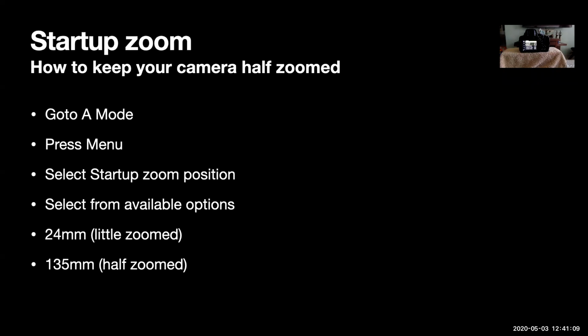Otherwise, if the bird is stationary or slow moving, you should not use continuous, you can use single, because it eats up your battery and your storage space, because you are clicking more photos with one click. So you have to keep that in mind.